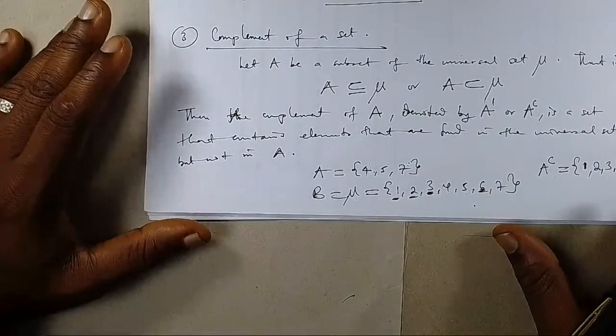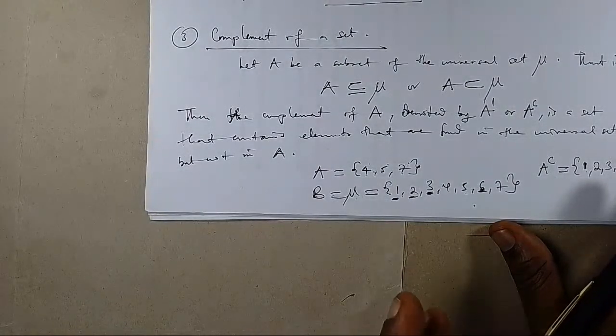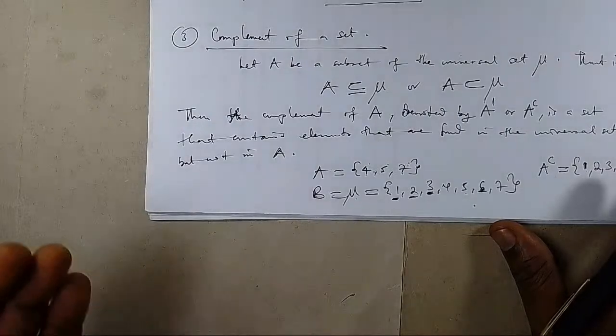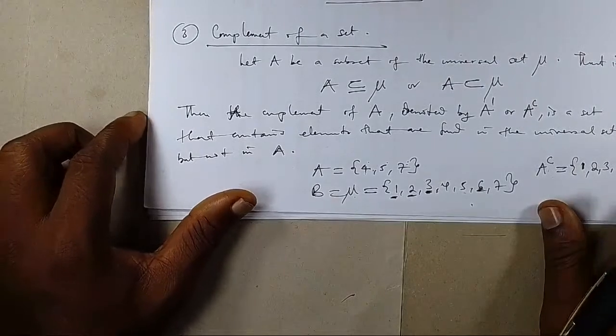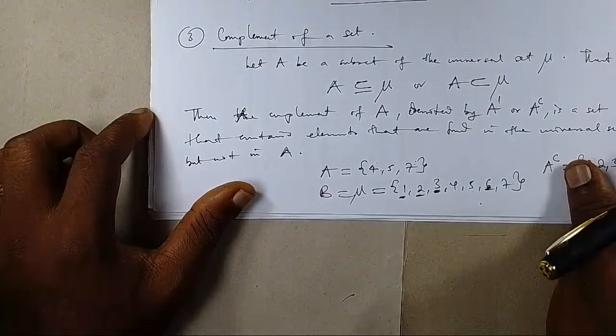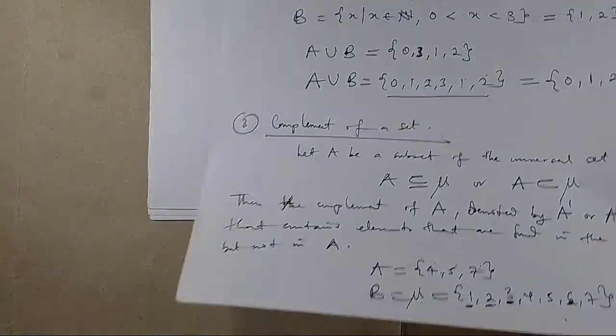Okay? So complement simply means a set that is formed containing elements in a larger set of reference not found in the main set. So this will be the complement of A. All you have to do is to extract the elements in the universal set that are not in A, and that will give you the complement of A.